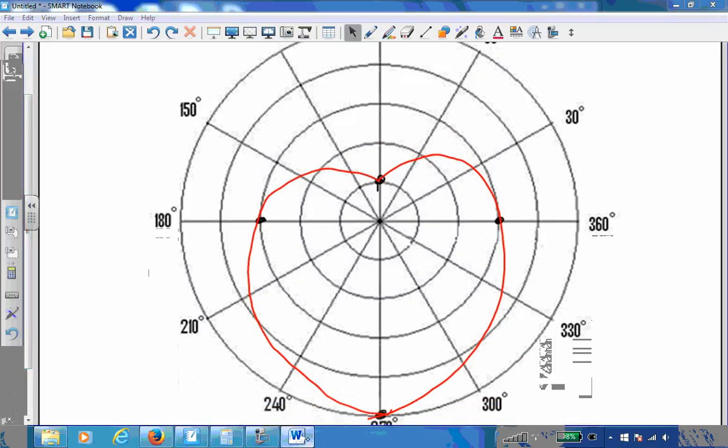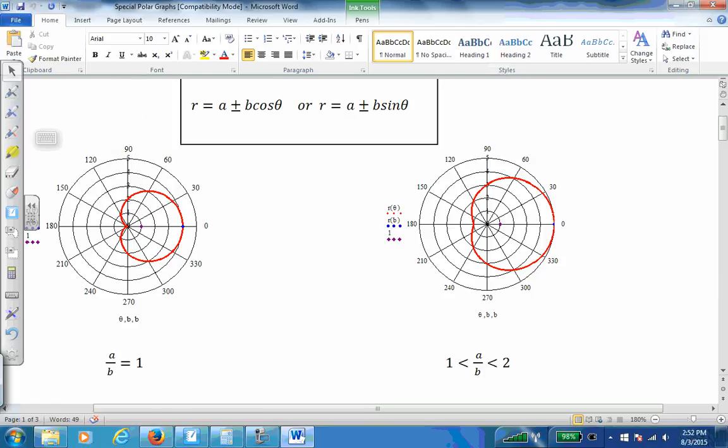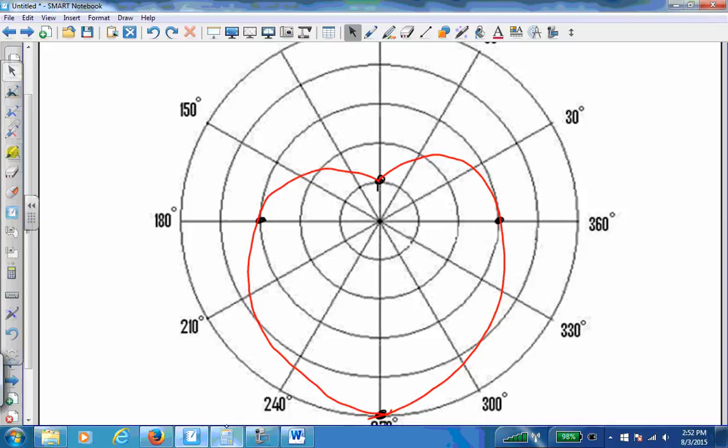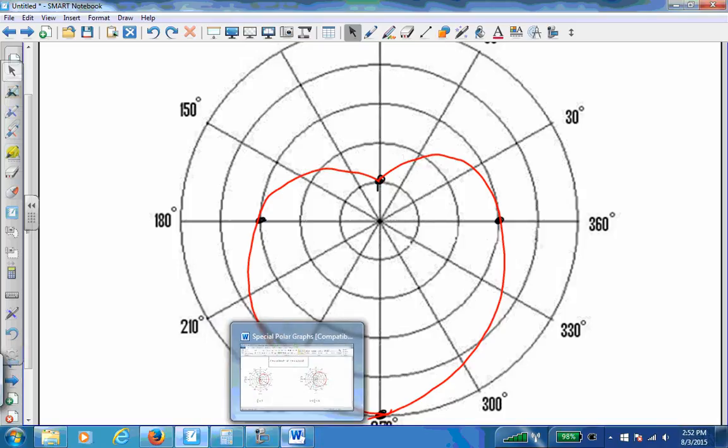Remember, our general one was turned that way, where when we graphed it, it was turned down. So the ratio of A over B lets us know which one of those is.